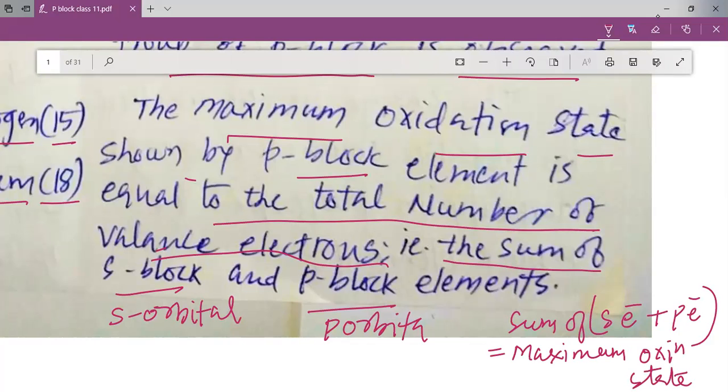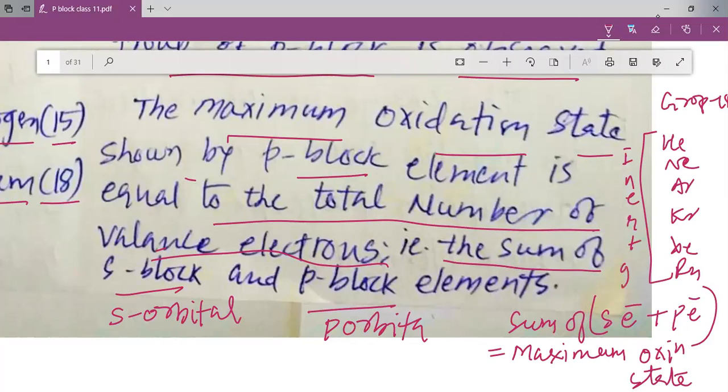Once again, my dear students, I would like to share with you that we have group number 18. This group number 18 has helium, neon, argon, krypton, xenon, and radon. These all are the inert gases, my dear students. They are also called the noble gases.